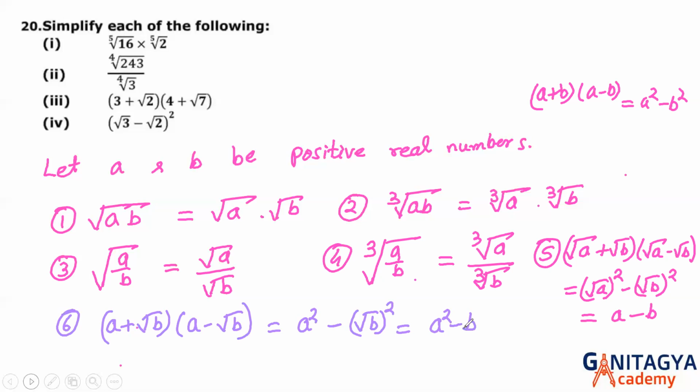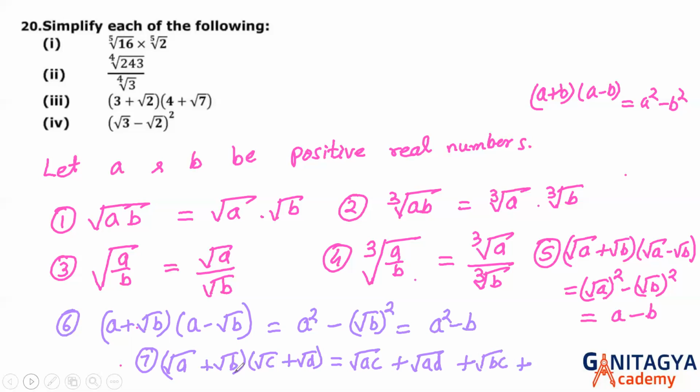Is it easy? Now property 7, that is under root A plus under root B into under root C plus under root D. So I can write under root A into under root C, that is under root AC, plus under root A into under root D, so under root AD, plus under root B into under root C, so under root BC, plus under root B into under root D, so under root BD.